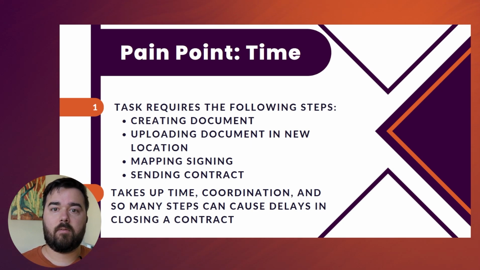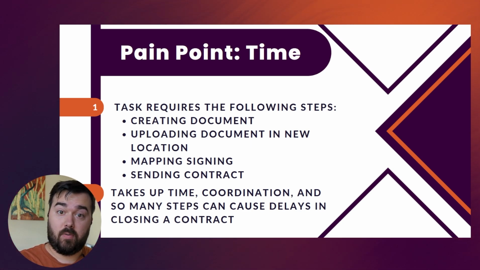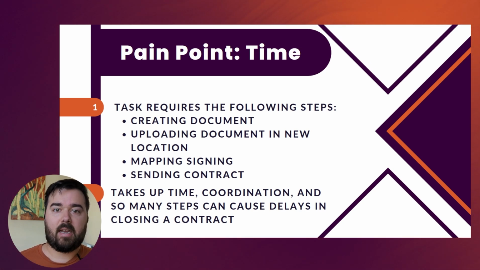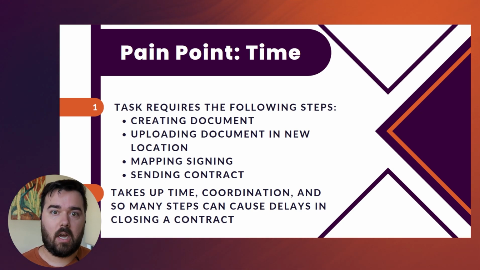So the goal of this is to reduce the gap between how long it takes you from agreeing to working together with someone or another business to having that contract signed so that you can be more successful and turning these contracts around more quickly.